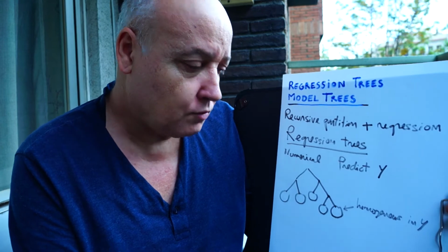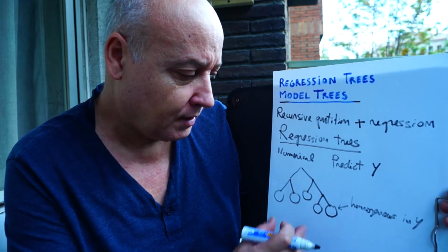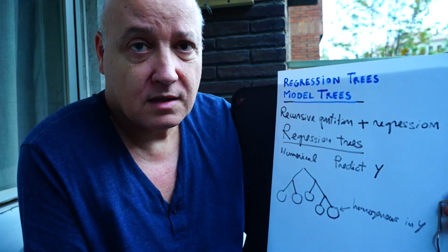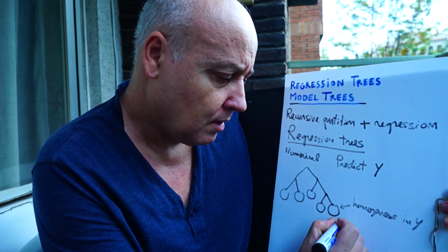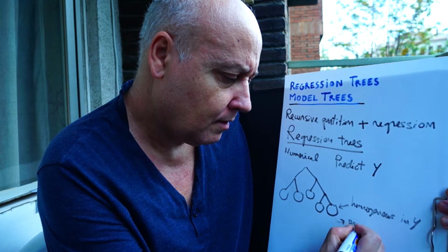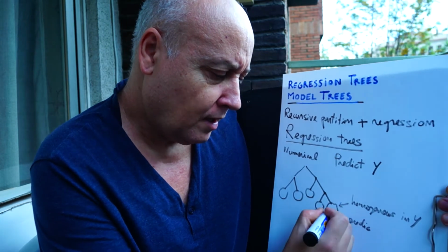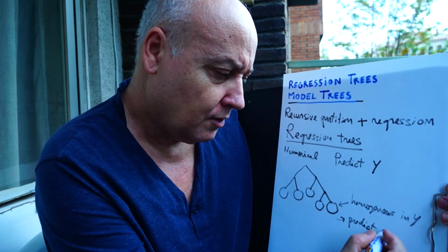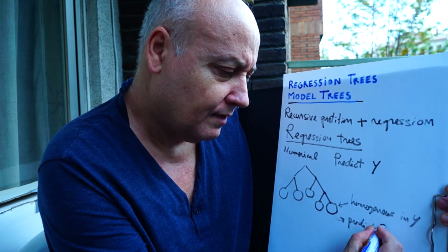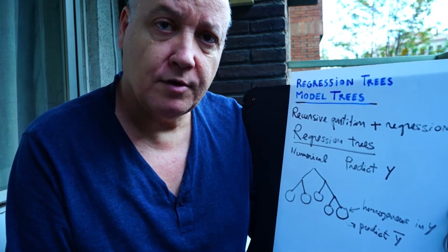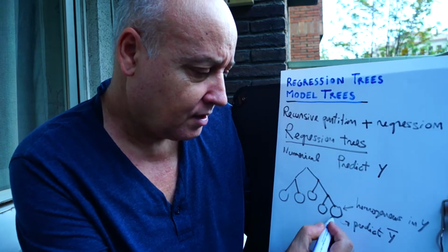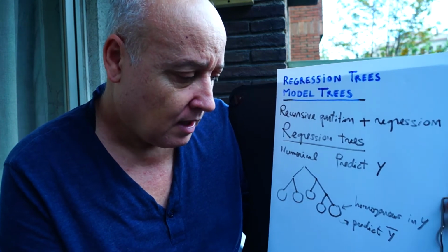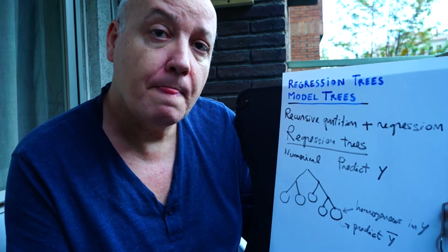And in that case, what you do at the end, you have this partition, and that's the model, because now for every leaf you predict the mean value. You sum and divide by the number of elements in that leaf, and this is your prediction.